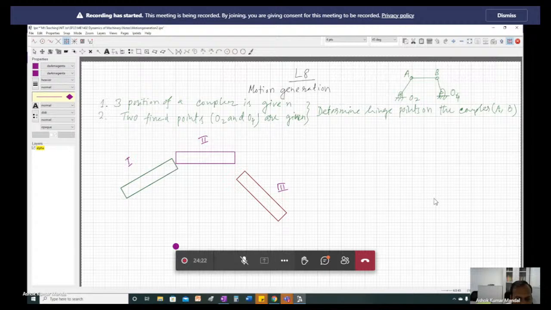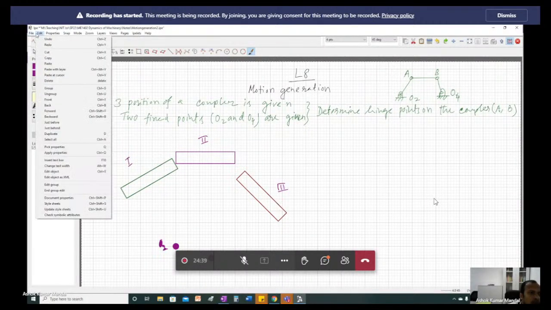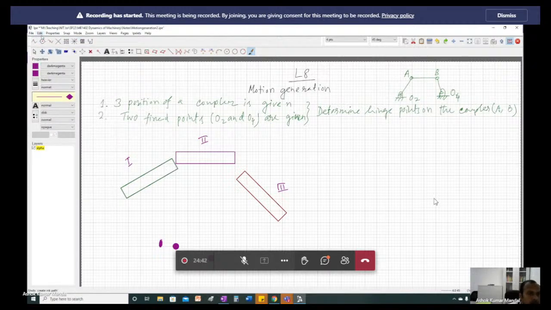According to our notation, we use this symbol O2 here. This point is O2 and this point is O4.